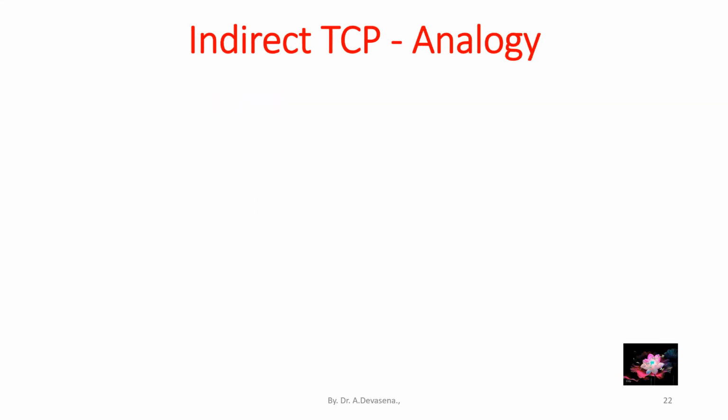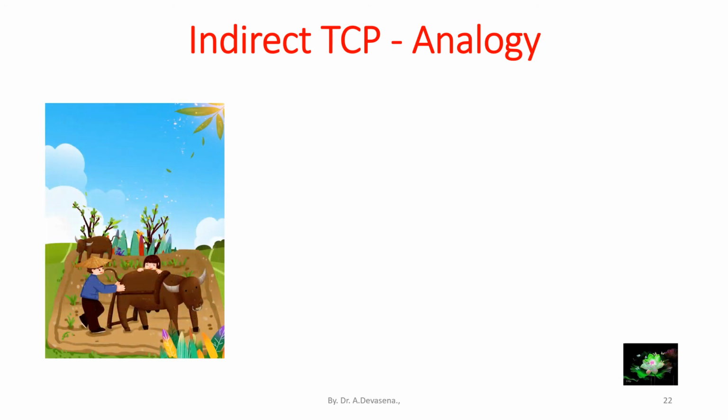So far we have discussed about the indirect TCP. Now, with the help of a small analogy, we are going to discuss the topic so far we have discussed. Just imagine that a farmer is manufacturing or producing food in the land.